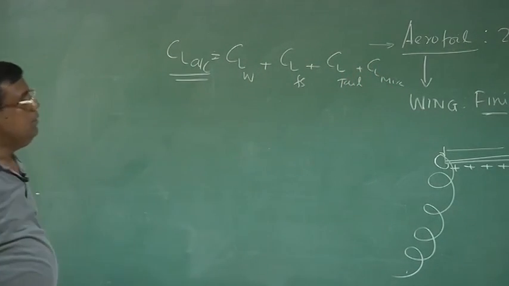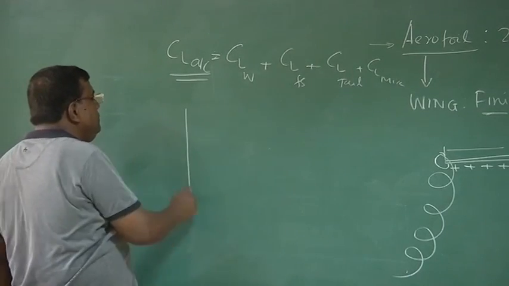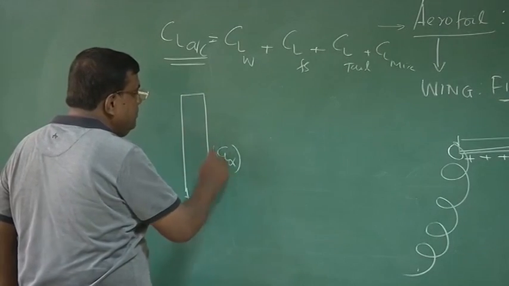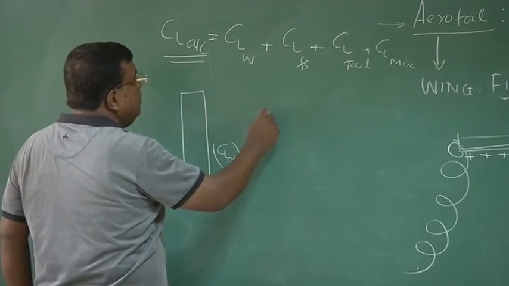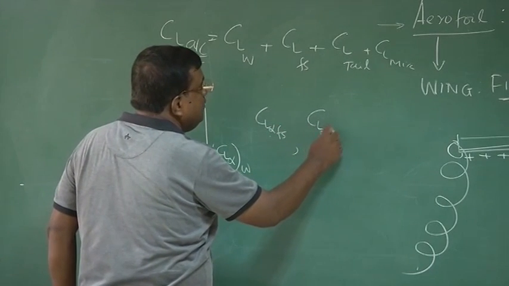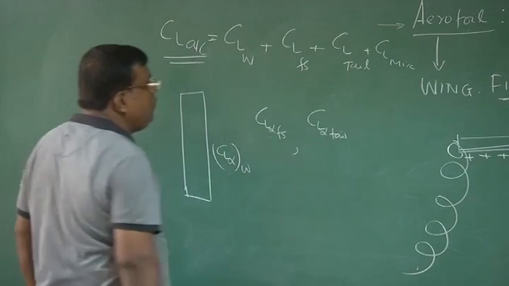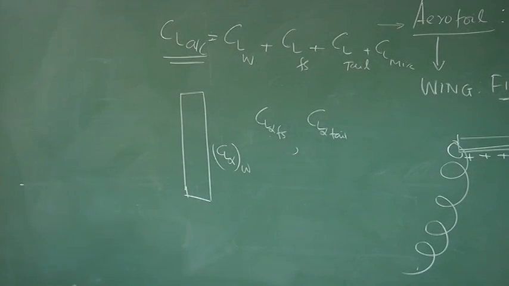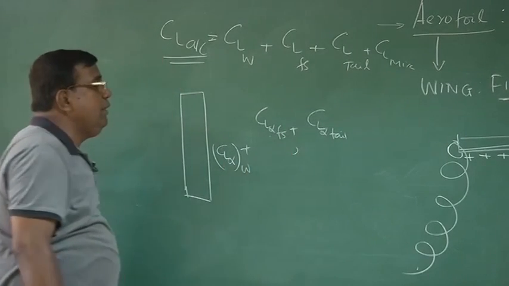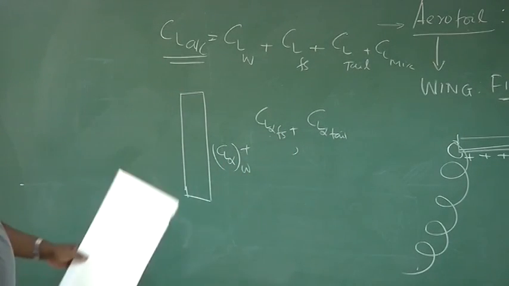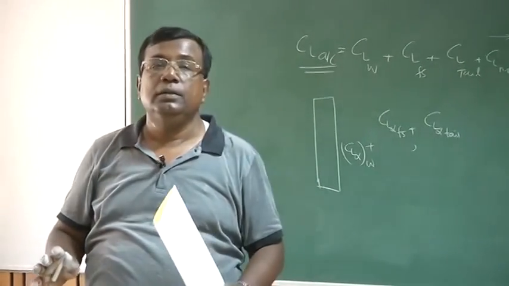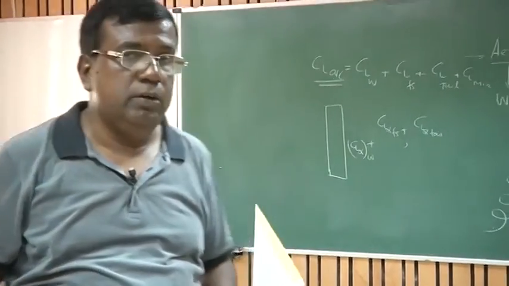That is to say, if I know the CL alpha of the wing, the CL alpha of the fuselage, and the CL alpha of the tail, and assume that all of them are based on the same reference area, then if I simply add these things together and expect that to be the CL alpha of the whole aircraft, you may not be correct. In fact, we are not correct if we do it like that.